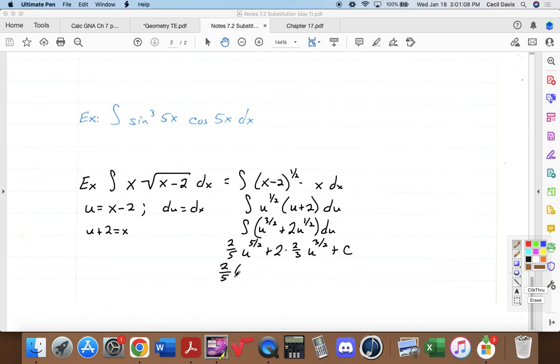So replacing the u with x minus 2, we've got 2/5 x minus 2 to the 5/2 plus 4/3 of x minus 2 to the 3/2 plus c.